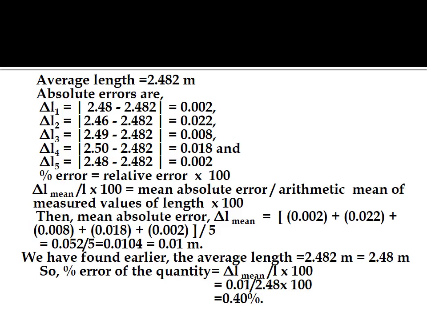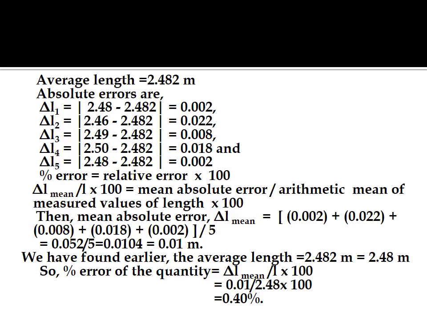Then mean absolute error delta L mean is equal to 0.002 plus 0.022 plus 0.008 plus 0.018 plus 0.002 whole divided by 5. It is the sum of all measured absolute errors whole divided by 5.